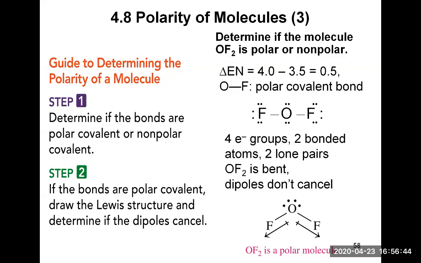And the 2 dipoles are going in an overall same direction. So you end up with a net dipole that goes from the oxygen towards the 2 fluorines. And so the molecule OF2 is polar because the dipoles don't cancel. They add up into a net dipole.